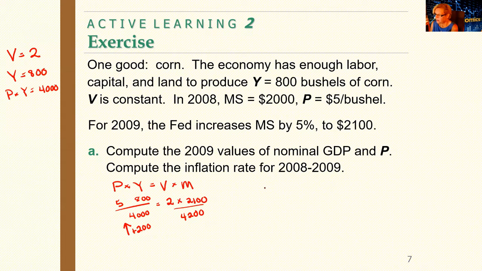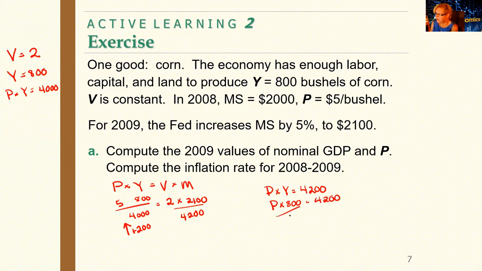So the price level times real GDP is equal to 4,200. We know that real GDP does not increase immediately, so we have the price level times 800 is equal to 4,200.